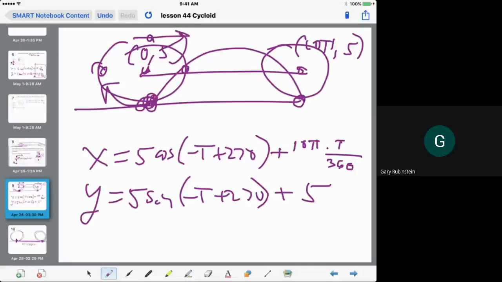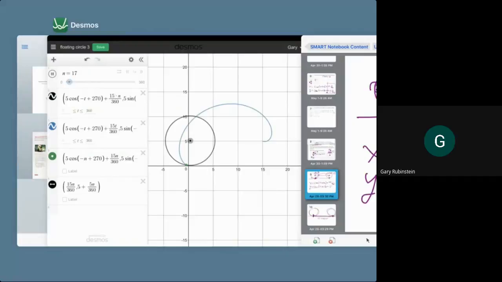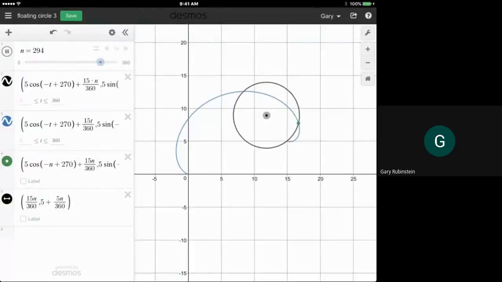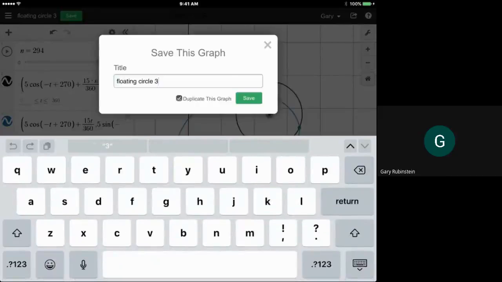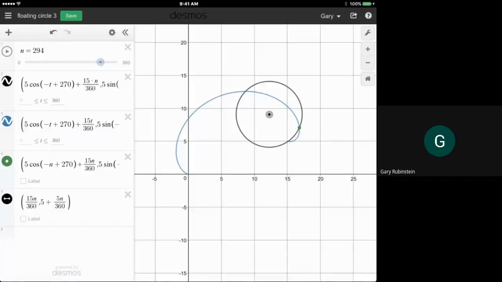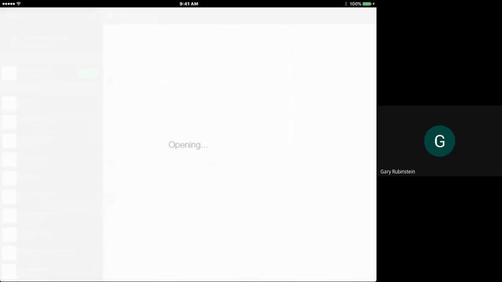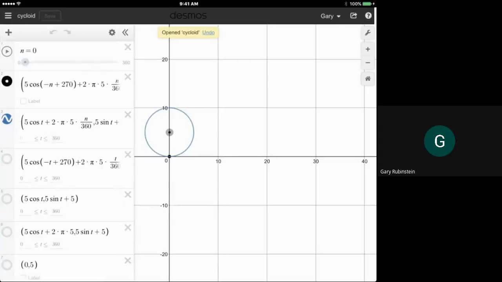I can show you that cycloid again on here. I'll share with you these sketches also. So here it is. Here's the curve.